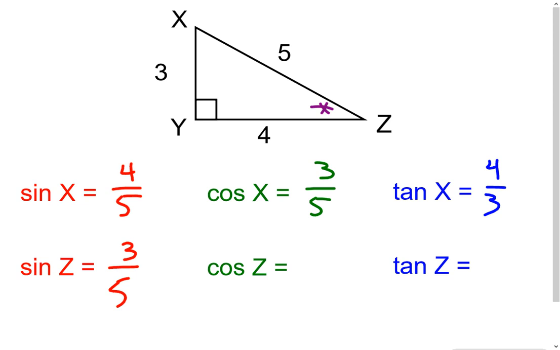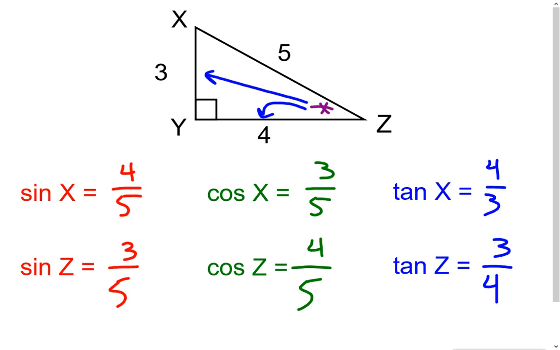Cosine is adjacent, so the side adjacent to angle Z that's not the hypotenuse is 4, over the hypotenuse, which is 5. And last but not least, we'll take the tangent again. Remember, tangent is opposite over adjacent. The side opposite angle Z is 3 units long, and the side adjacent to angle Z is 4 units long.